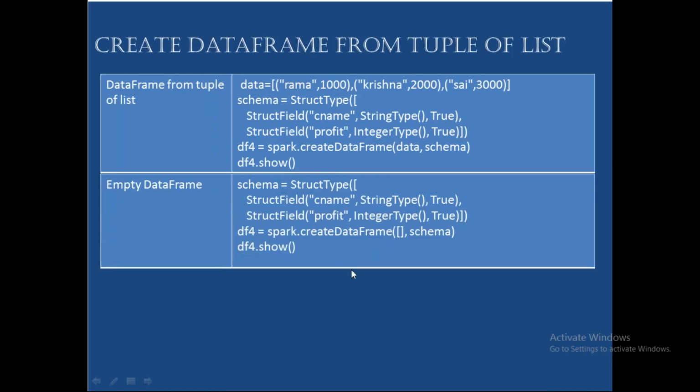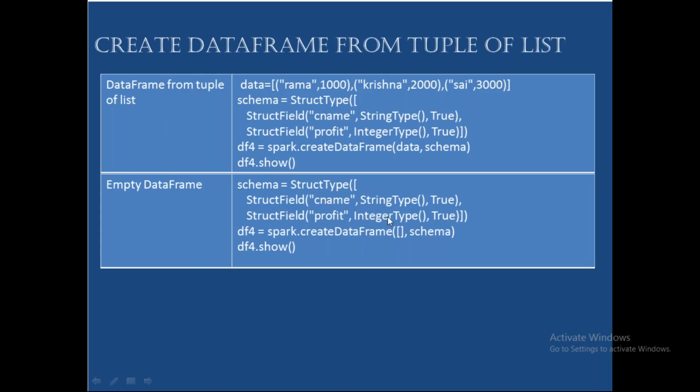Empty data frame. Let's say I don't have any data, and I just want to create an empty data frame. Then you need to tell what columns you want in that data frame. My column names are customer name and customer profit. Customer name is a string type.